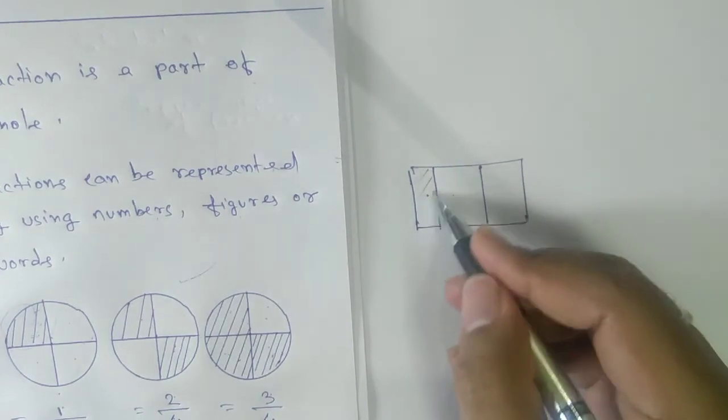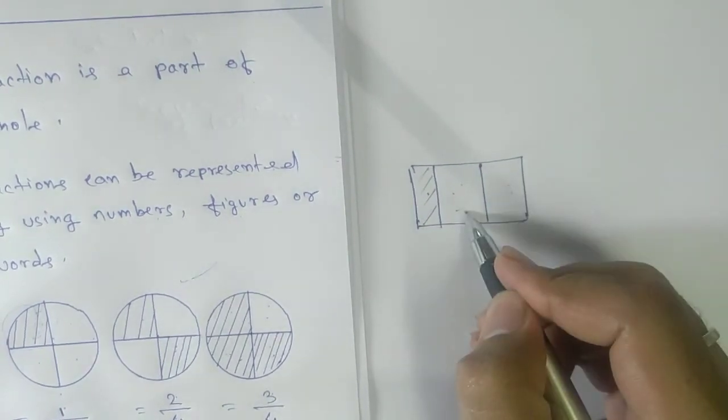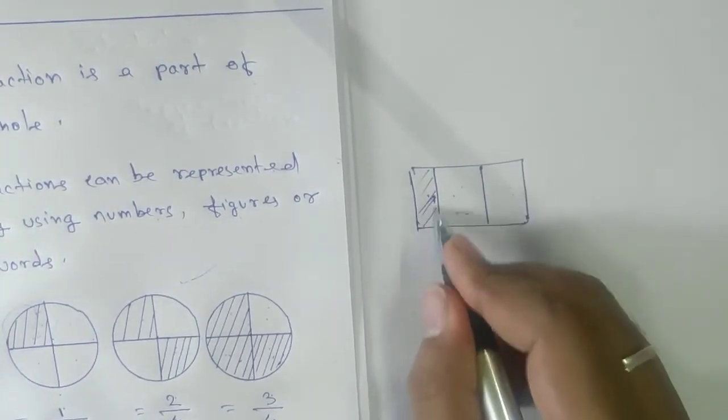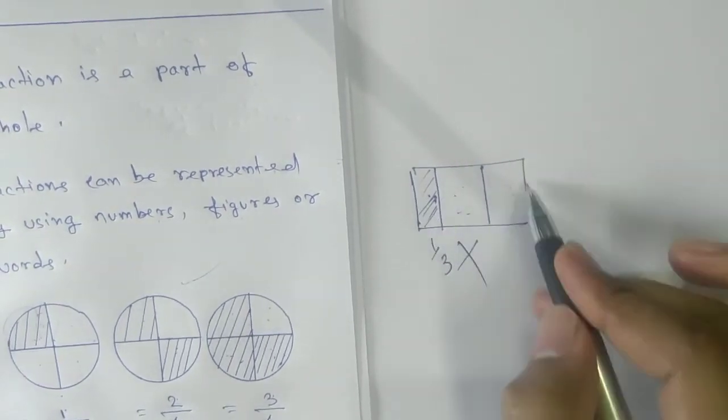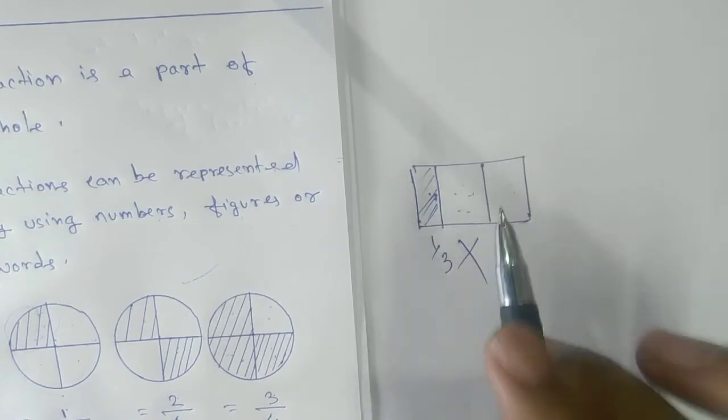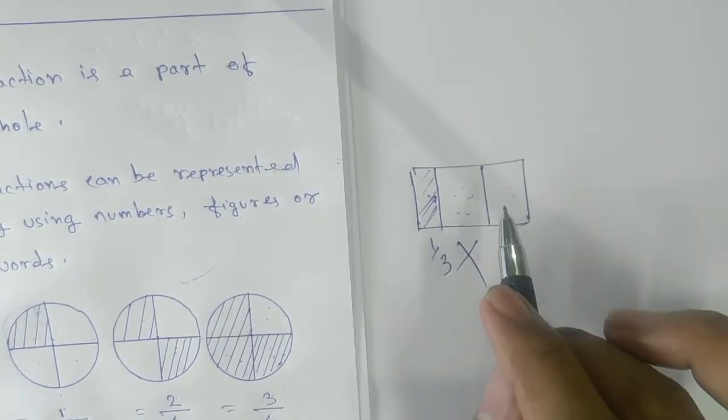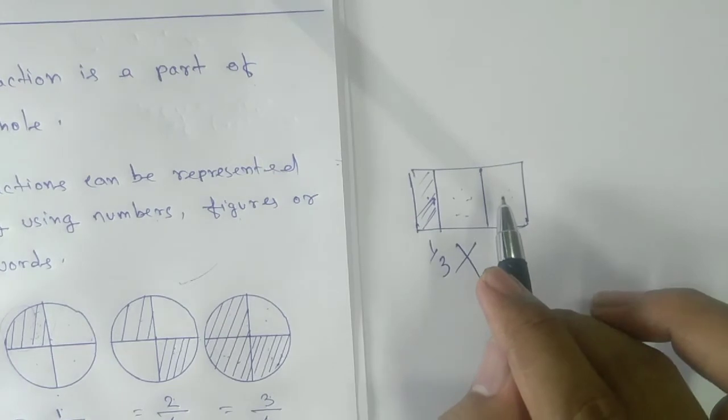This is quite smaller and these are quite bigger. So you cannot say this will be 1/3. That is totally wrong, because it is not equally cut. To make it a fraction, it should be equally cut. Then only can we say yes, it is a fraction.